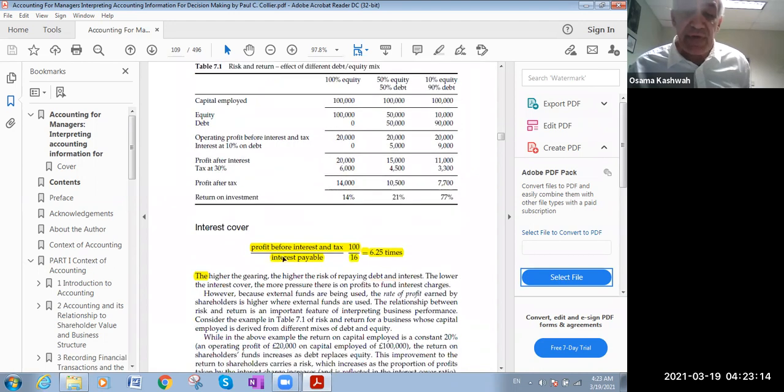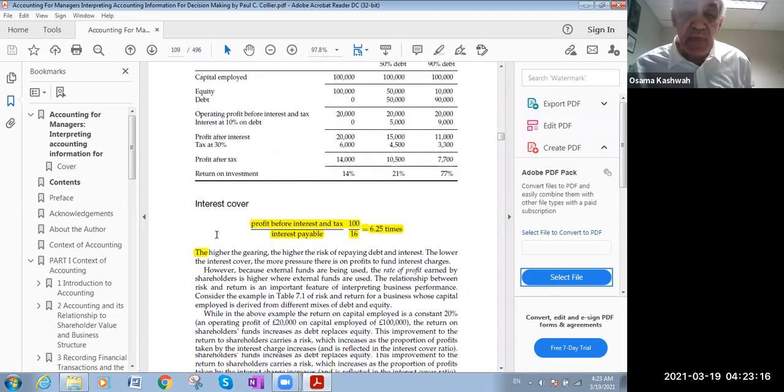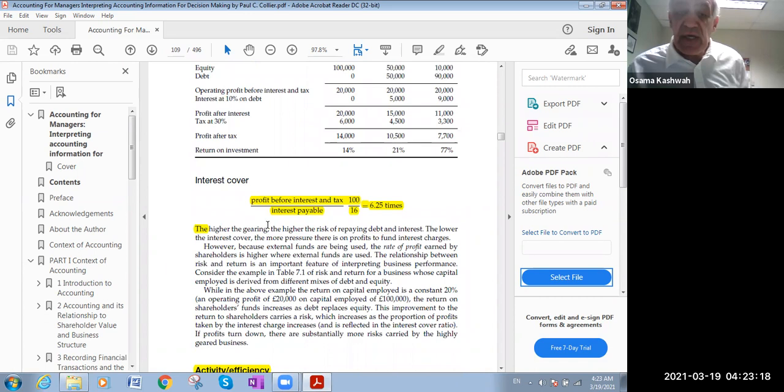Also, we have here interest cover. This shows the ability of the company to pay its credits.